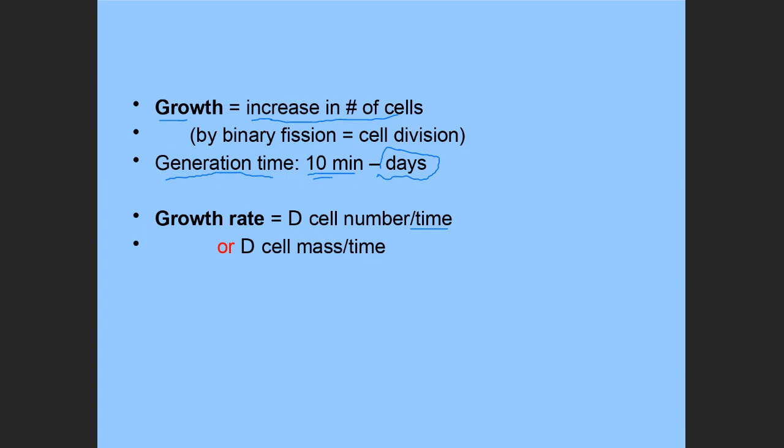Having introduced prokaryotic growth and saying that we are going to concentrate on binary fission, next Friday we'll take up from this slide and go on to talk about binary fission.